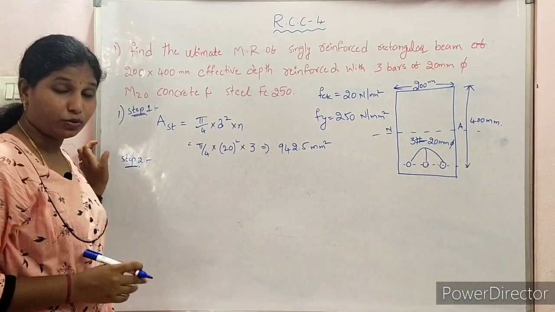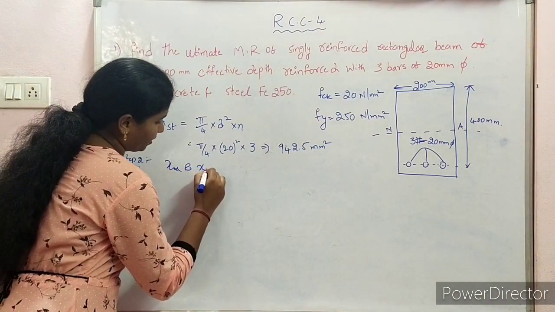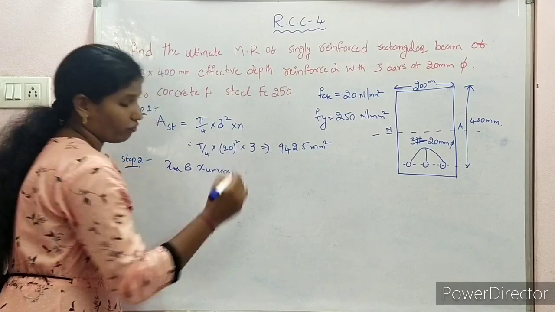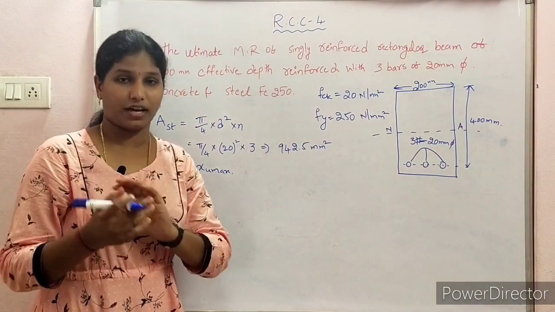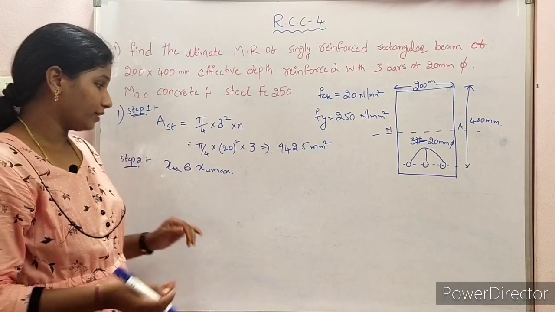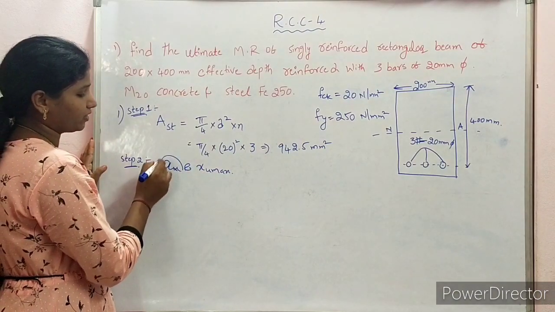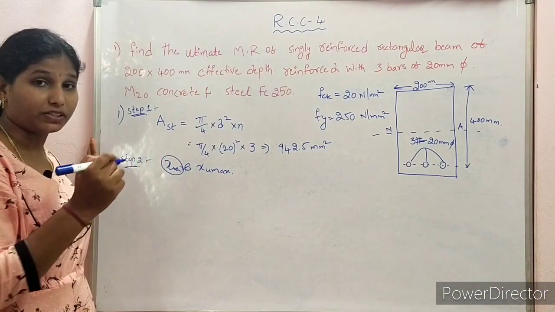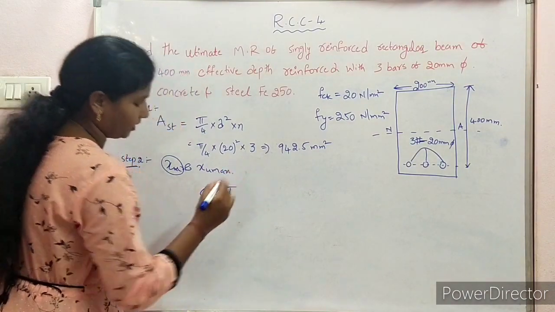Step 2, we have to find out XU and XU maximum. We need to know whether this is an under reinforced section, over reinforced section or balanced section. For knowing that, we have to calculate XU and XU maximum. For calculating XU, we equate the compression force in concrete to the tension force in steel.